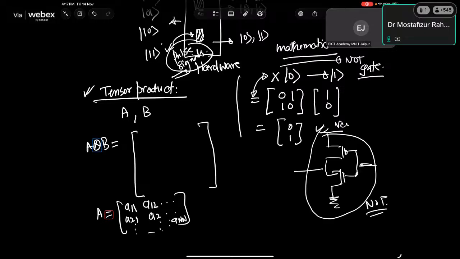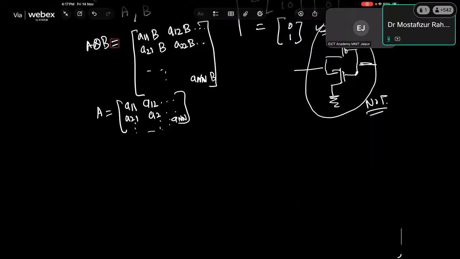B might have similar elements B11, B12, and so on. If you take the tensor product of A and B, it will be A11 times the entire matrix B, A12 times the entire matrix B, and so on, A21 times B, A22 times B, up to ANN times B. So this is the tensor product definition.